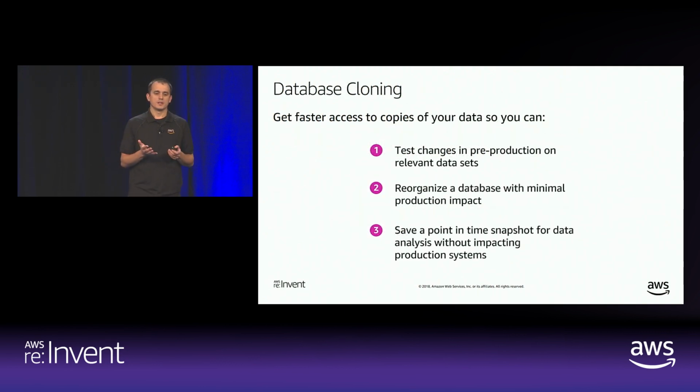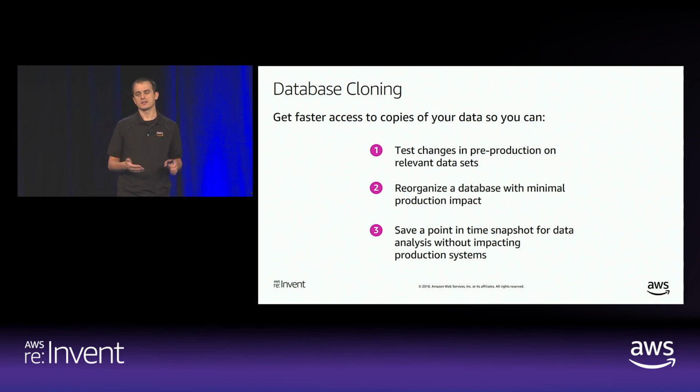So database cloning is a way for you to get faster access to copies of your production database, for example. So you can test changes in a pre-production environment and see what the impact might be, and also leverage a relevant sized data set. You can also use cloning to reorganize your database.